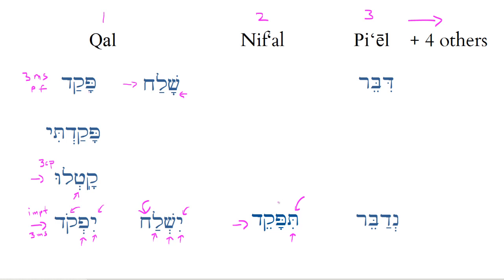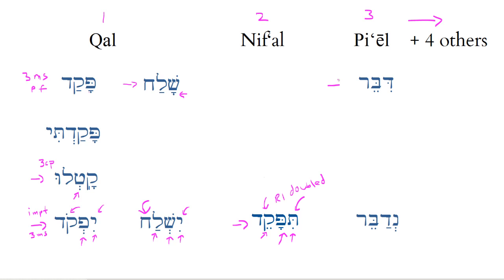So we have R1 doubling here. So the R1 is doubled. It is a begadkefat letter, but this is a dagesh forte because it comes after a full vowel. The R1 vowel is a qamets, and there is no R2 doubling. So that is our box. And then on top of that, we'll notice that the theme vowel is a tsere.